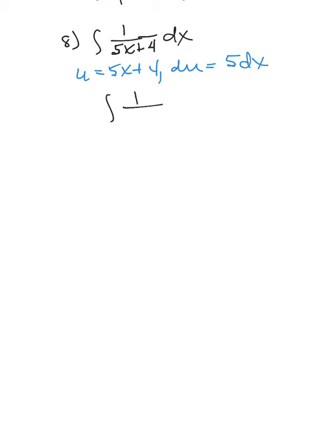The fraction's going to stay the same, 1 over the 5x plus 4. We're going to make it times 5 dx, forcing in the 5, which we have to offset with its reciprocal, 1/5. Now we have what we need for substitution. Keep your 1/5.